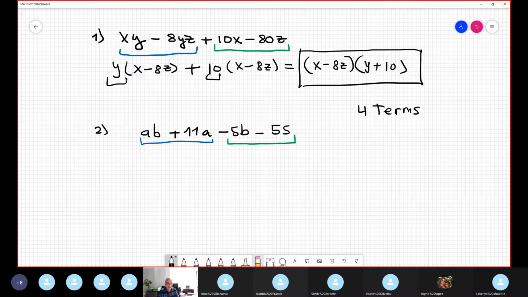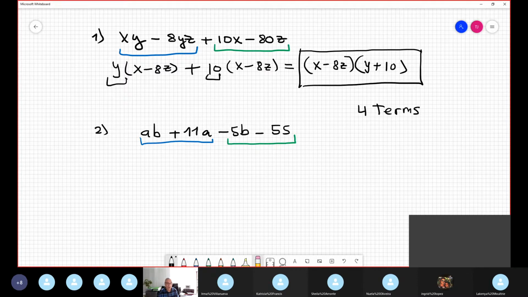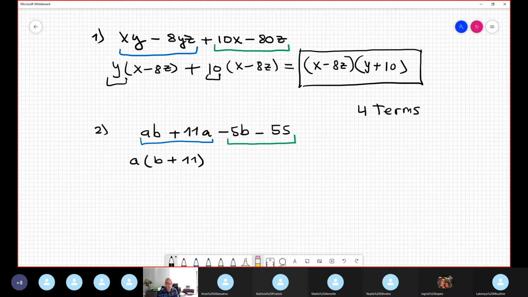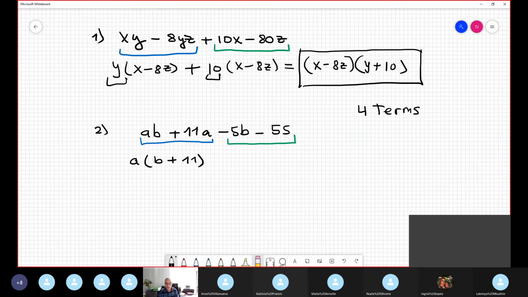GCF in the first is... I need help. I cannot do it by myself. A. Good. So a times b plus 11. What is the GCF in the second: 5 or negative 5?